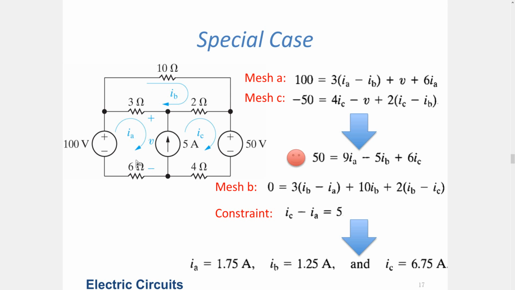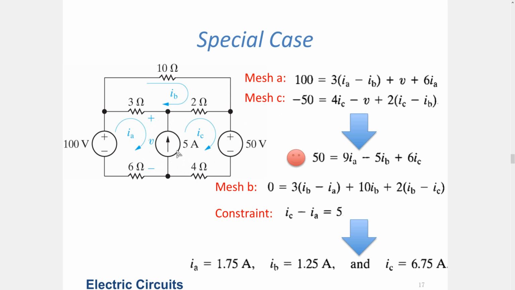Now I can write another loop equation here for mesh C, and it's obvious that the 50 volts direction is in line with the direction of the rotation. So 50 plus 4 times IC minus V, because I'm rotating in the opposite direction, as you can see to this reference.